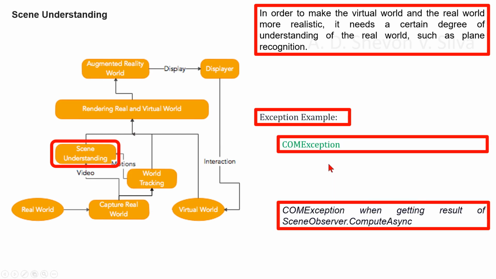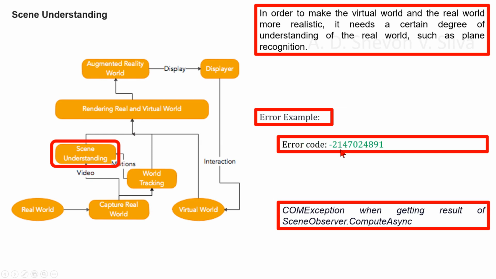As an exception example, we can consider a COM exception. A COM exception occurs when getting the result of the observer's ComputeAsync.